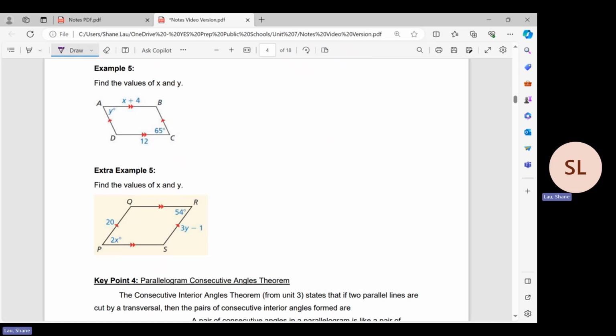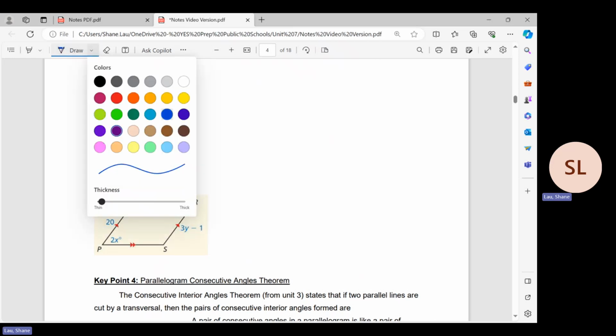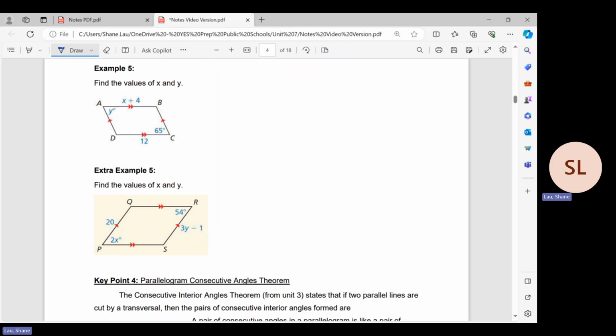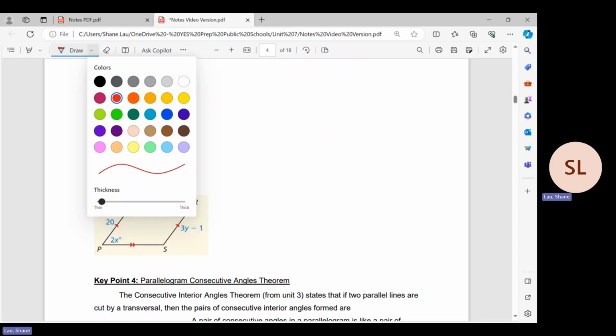Then, for example 5. Example 5 is going to employ what we just learned and put it into action. So if I look at this problem, I know this is a parallelogram because of the two pairs of parallel sides. Well, if I know I have two pairs of opposite parallel sides, then I know that I'm going to have two pairs of opposite congruent angles and sides as well. So because I know all this, I'm going to label it as such.